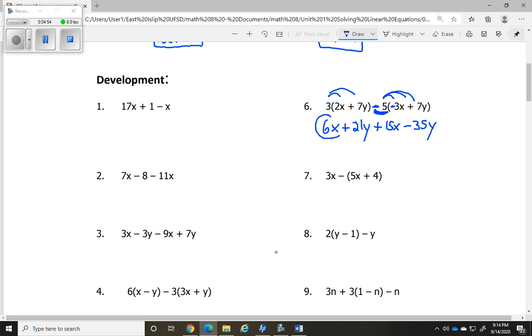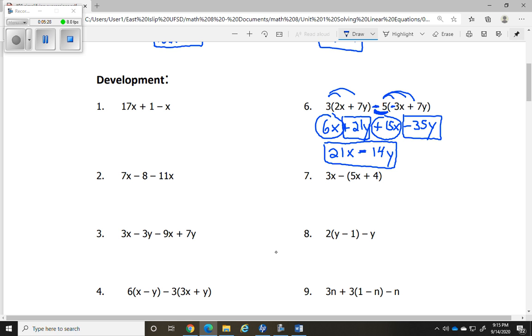I will combine 6x with 15x to get 21x, and combine 21y with a negative 35y. This is like subtraction. I keep the negative because 35 is bigger than a 21. And I get minus 14y. Final answer is 21x minus 14y.